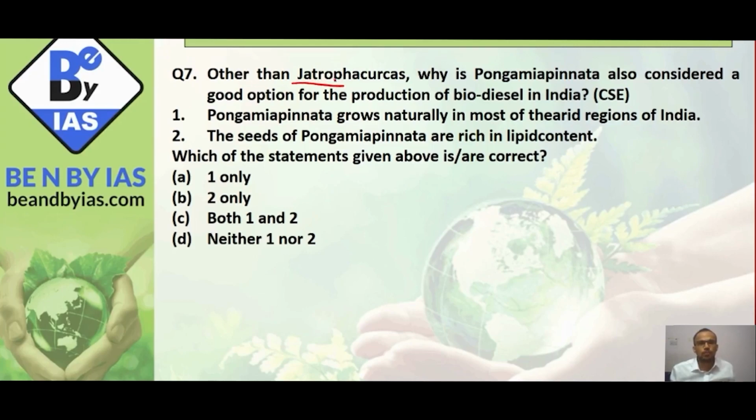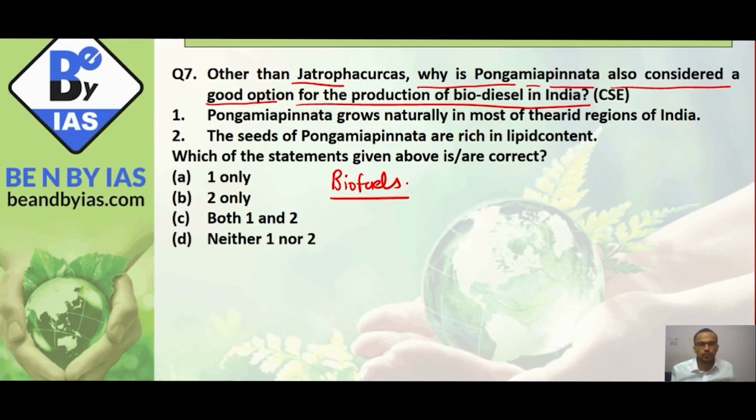Other than Jatropha curcas, why is Pongamia pinnata also considered a good option for the production of biodiesel in India? So this question is basically about biofuels. So what are biofuels?